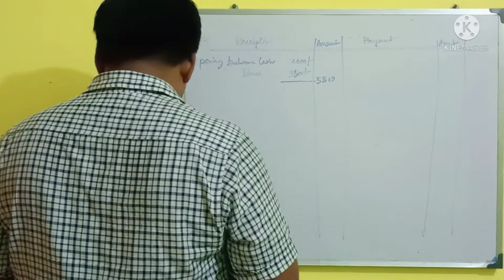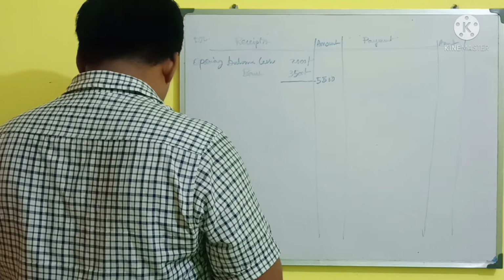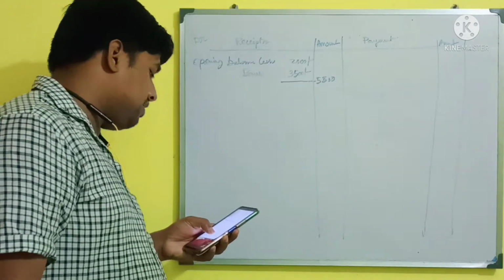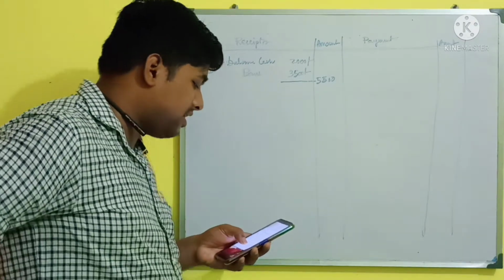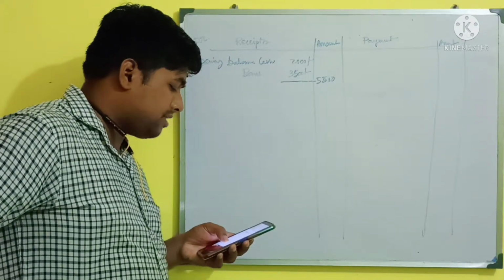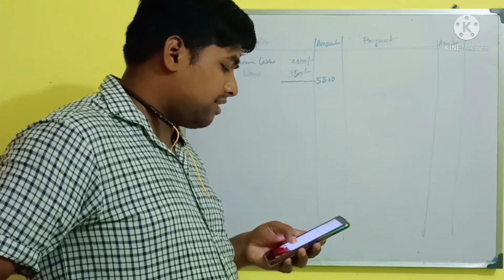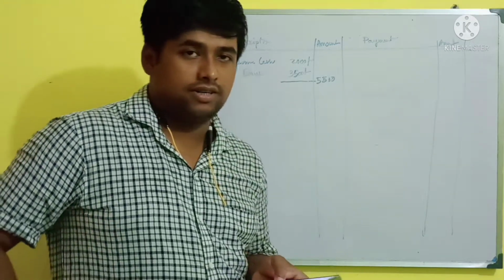First we have to write down the subscription amount, which is showing for 2011 and 12 rupees 5300, for 2012 and 13 rupees 38,000, and 2013 and 14 rupees 1,500.